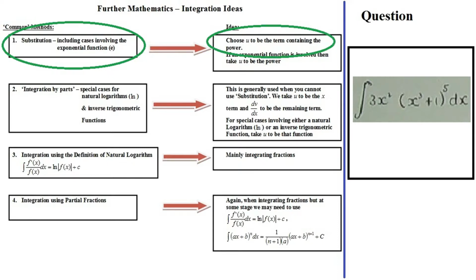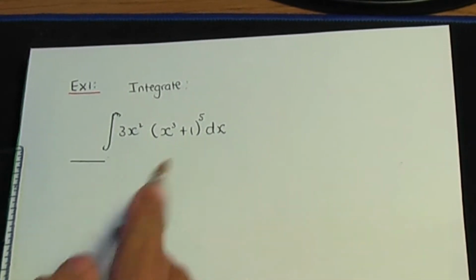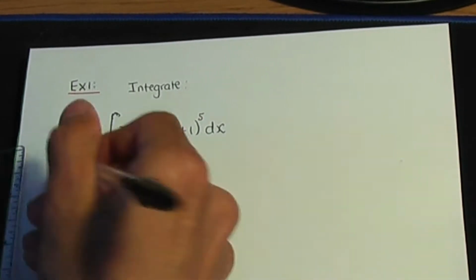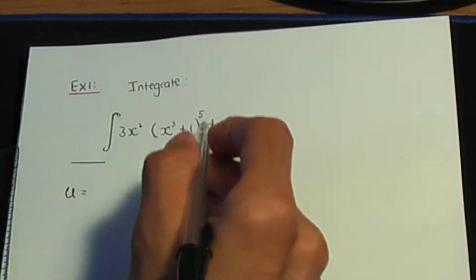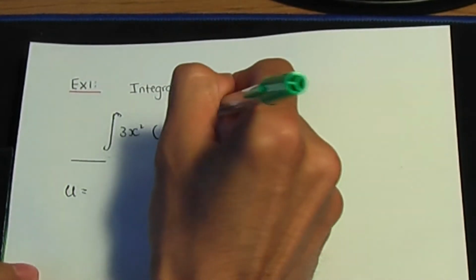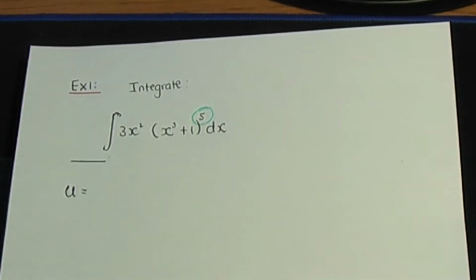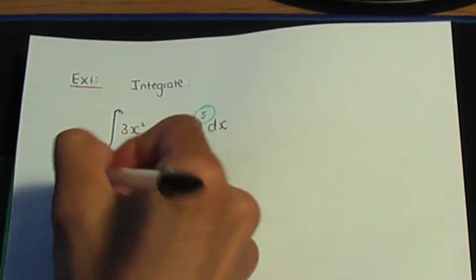So let's go back to this example. So we're integrating 3x squared into (x cubed plus 1) to the power 5. So I'm going to try substitution. So I'm going to take u to be the term involving the power. So the power here is 5. Okay. So I'm going to take u to be x cubed plus 1.